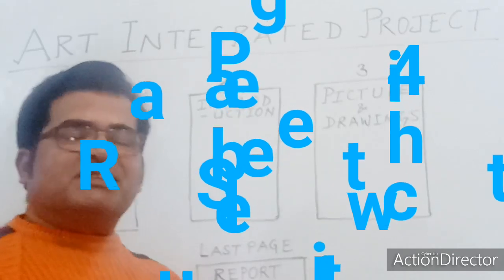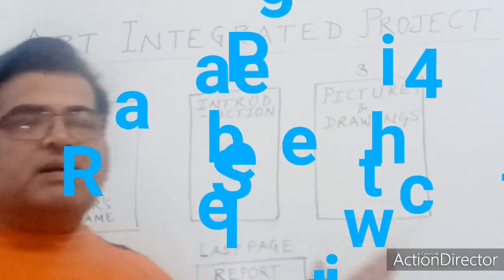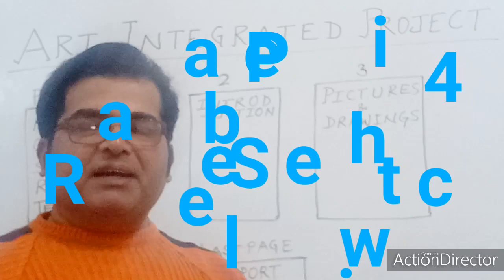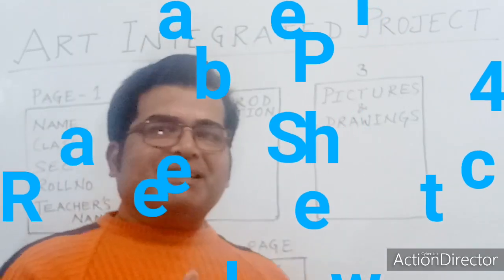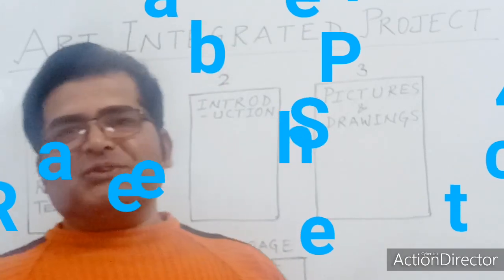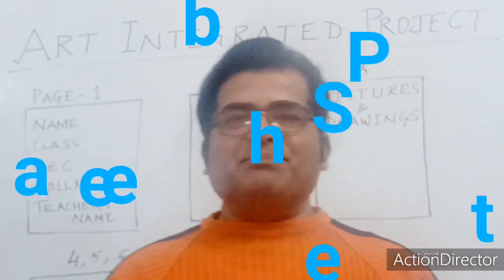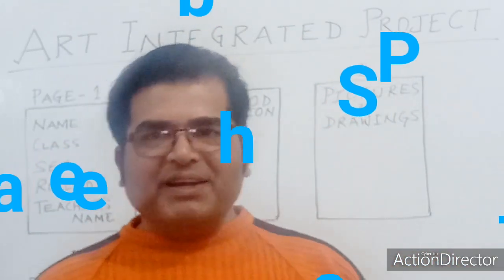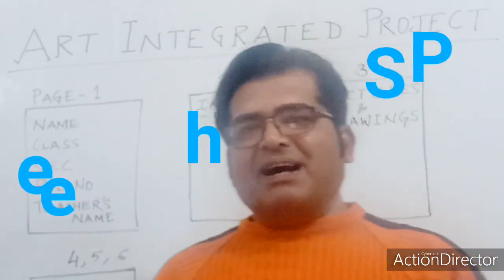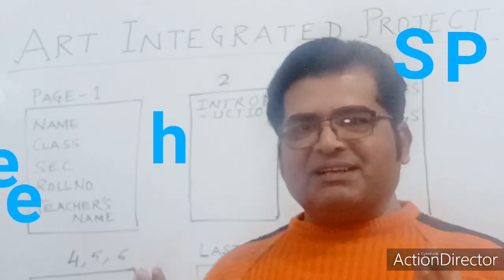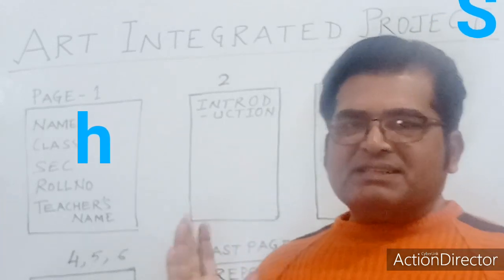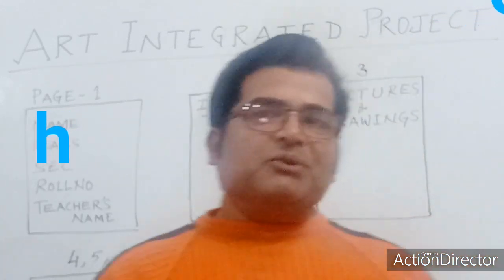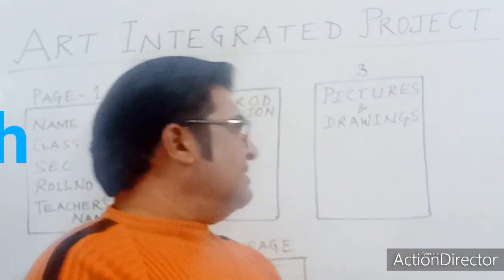If you are a higher class student, then any tower is there, then you can find the height of the tower with the help of trigonometry. So general idea I have given to you, because I was getting so many comments that please make one video on art integrated projects. So I have made it, otherwise I could collect data and I could make it for you. So by this information I hope you will be able to make the project.